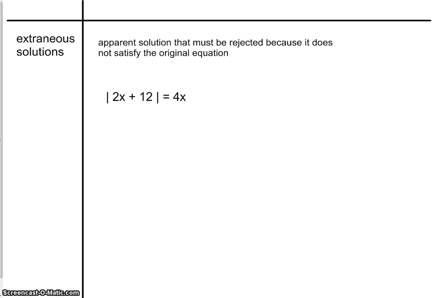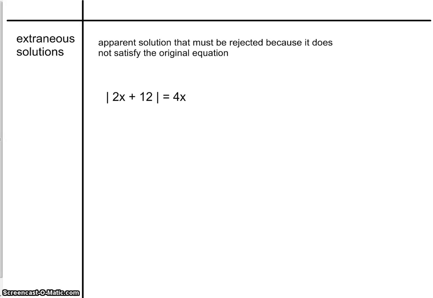All right. Now, what we'll also run into from time to time is what's called an extraneous solution. What an extraneous solution is: you've done everything right, but for some reason, there was something in your process that was legal, yet it eliminated one of our solutions.